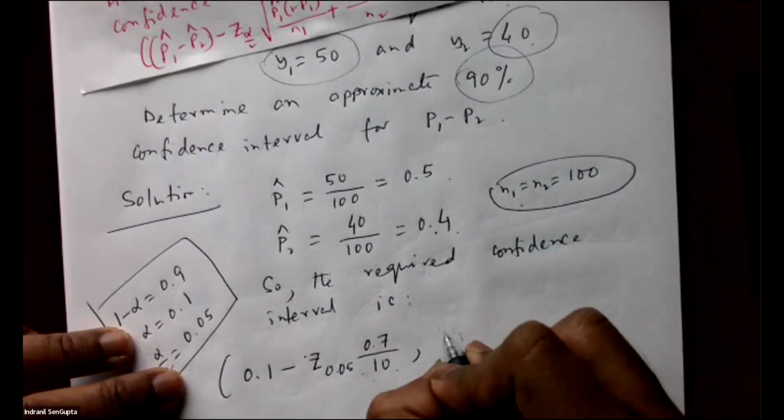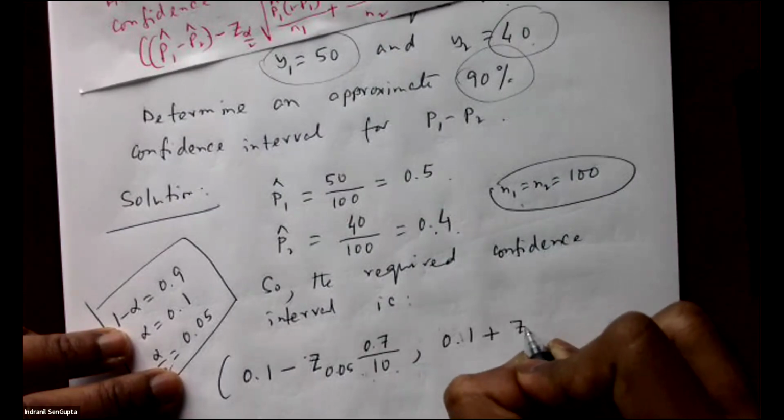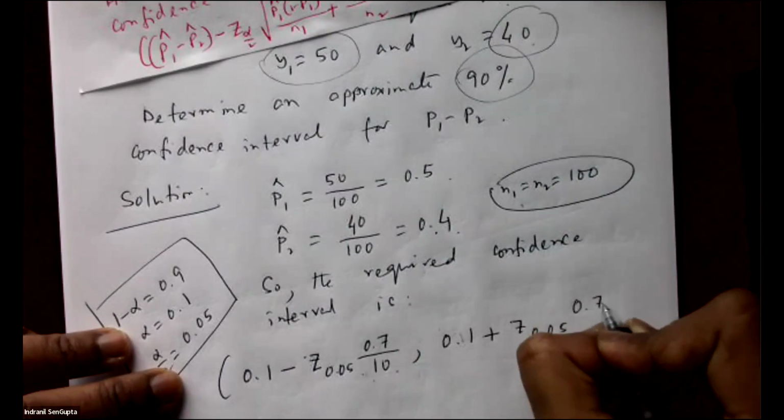So 0.1 plus z of 0.05 times 0.7 over 10.